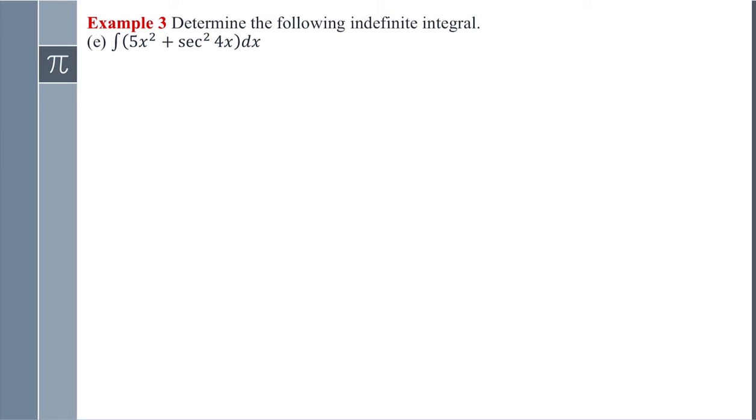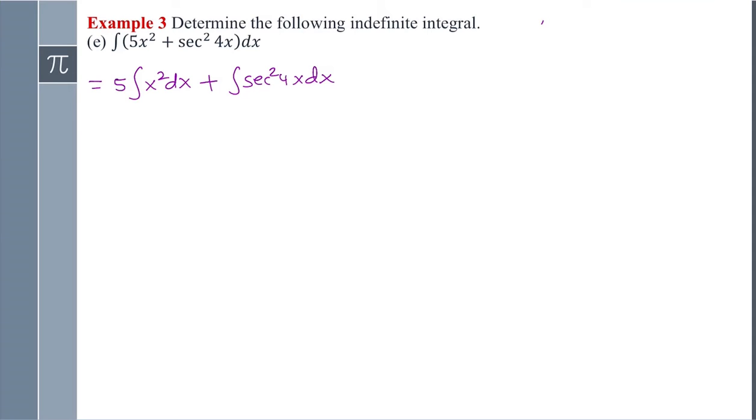Let's look at another example. Let's go ahead and rewrite this. So this is 5 integral of x squared dx plus integral of secant squared 4x dx. We know that the derivative of tangent x is secant squared x. That means the integral of secant squared x is tangent x.